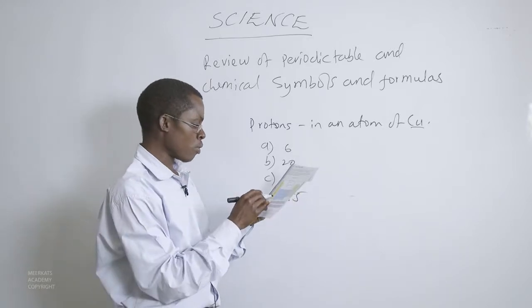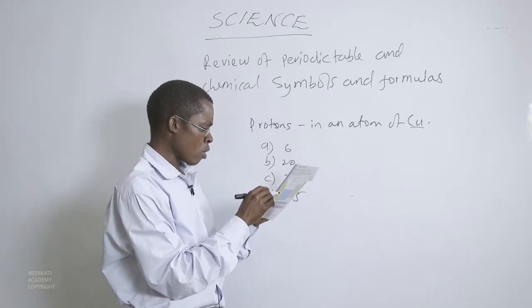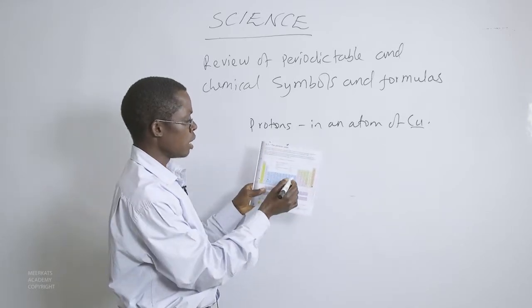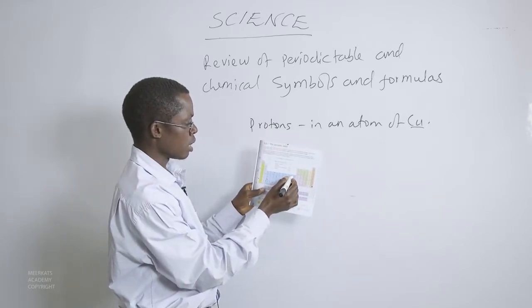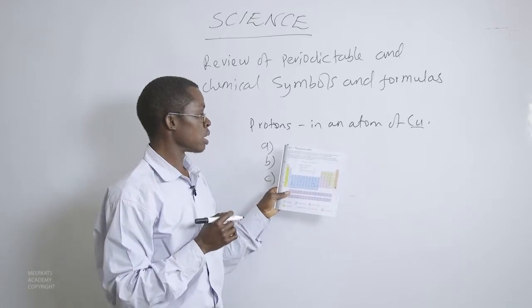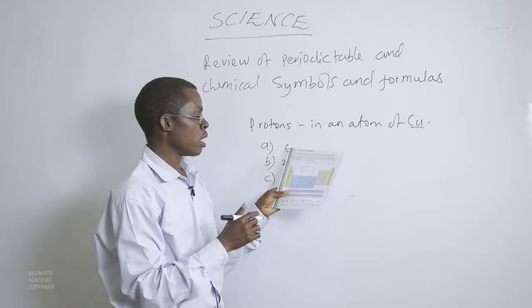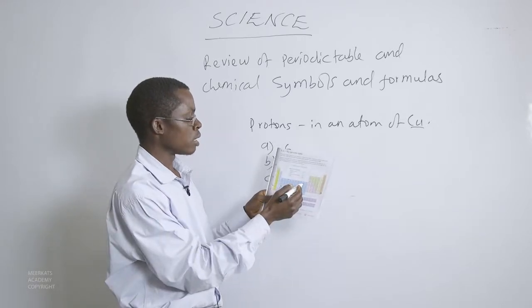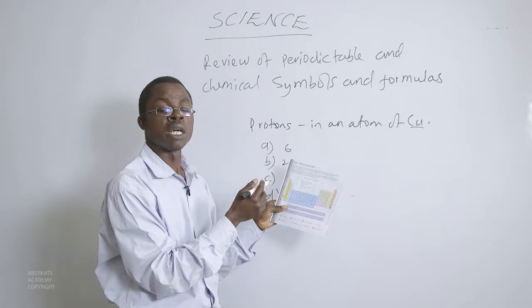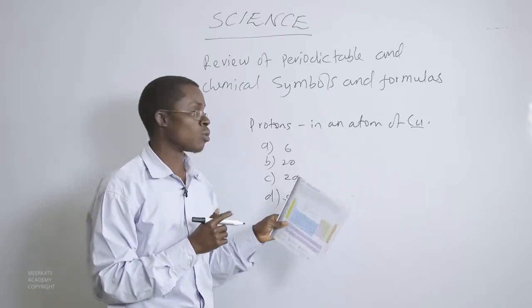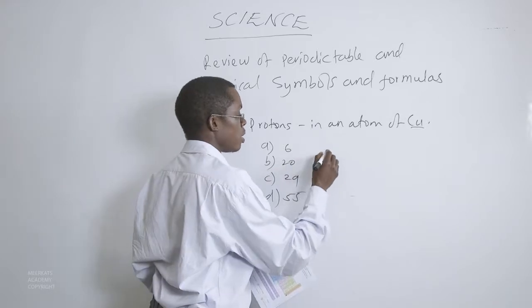So knowing the symbol of copper, I have to look for copper where it is, and I get it to be at this point. Now the question is, how many protons are in an atom of copper? After finding where copper is, I check on the atomic number.